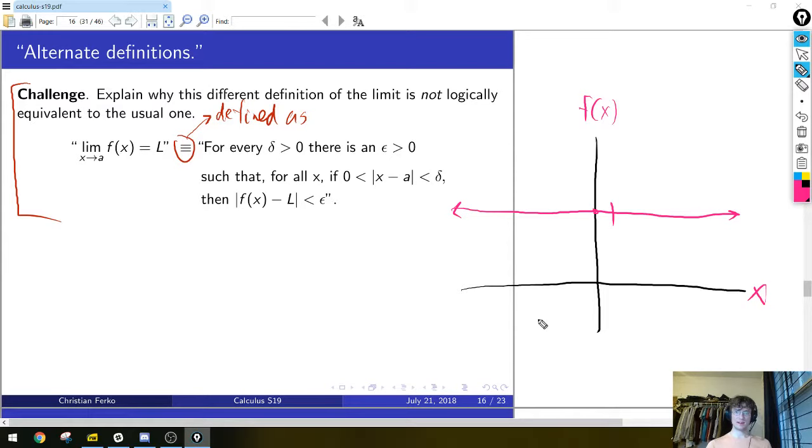Using the usual definition, we would say the limit exists at every point on this constant function, because it's as smooth as you could possibly hope for. But is it true that for every delta greater than 0, there's an epsilon greater than 0, such that this thing is true for the constant function? What do you think?